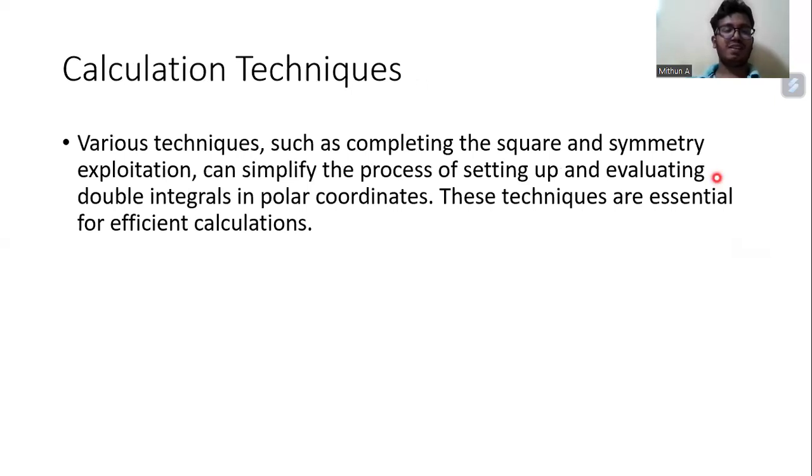Calculation techniques: various techniques such as completing the square and symmetry exploitation can simplify the process of setting up and evaluating double integrals in polar coordinates. These techniques are essential for efficient calculations.